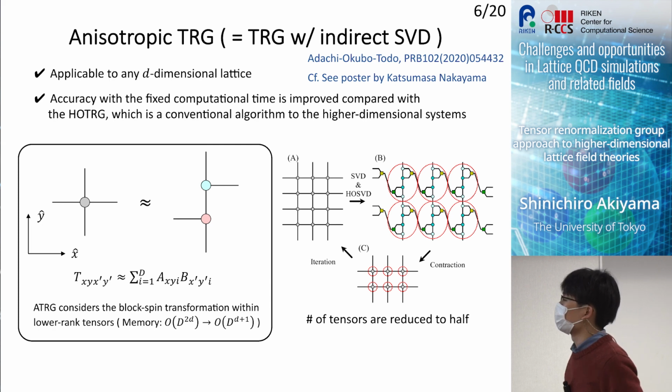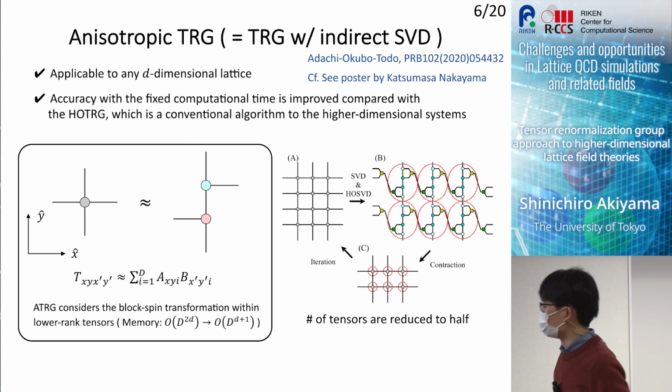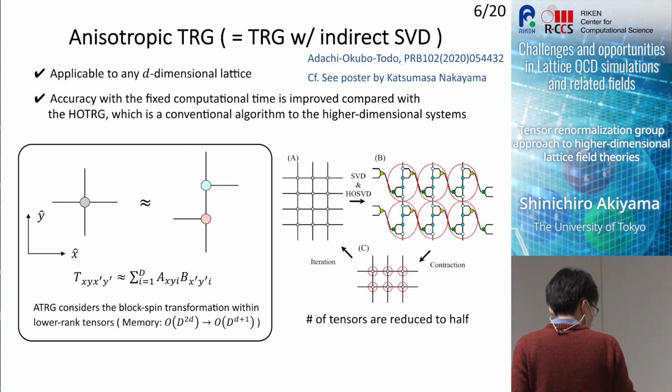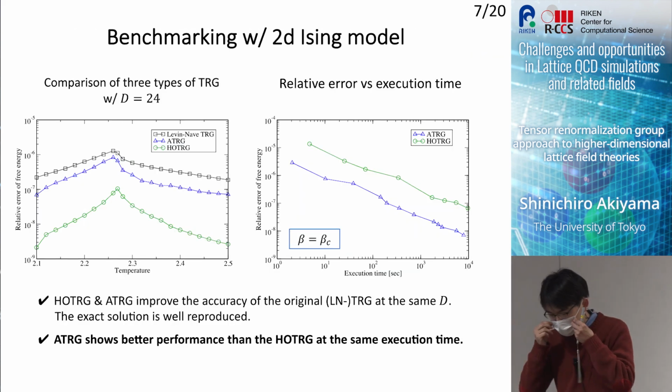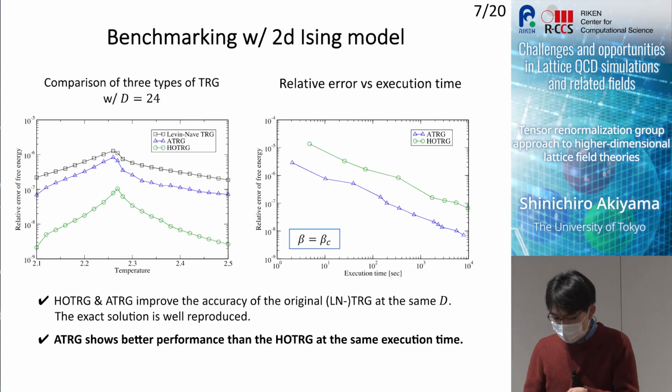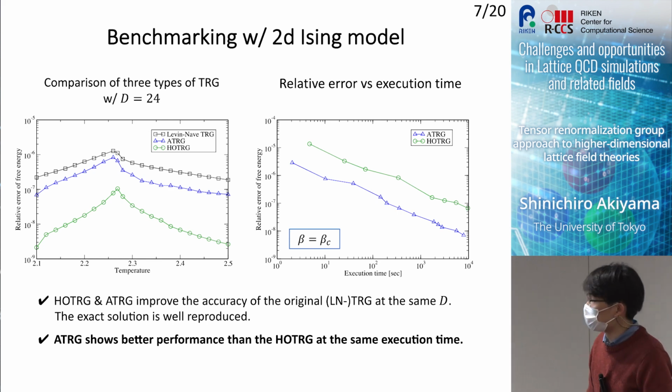ATRG can nicely construct the block spin transformation, not using the original tensor, but using these decomposed tensors. Okay, so these are some of the famous TRG algorithms, and let us see their efficiency.